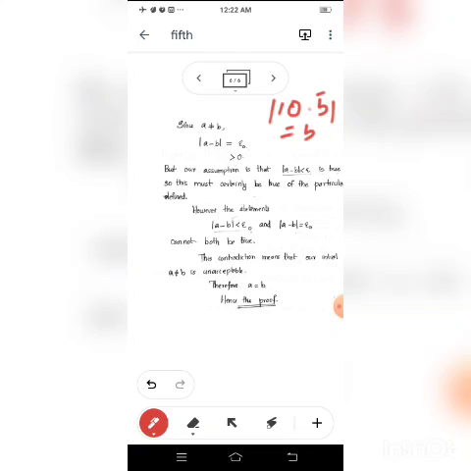Here a not equal to b means modulus of a minus b is a constant number. We take that as epsilon naught. Then epsilon naught, the distance, must be greater than 0. So we have modulus of a minus b greater than 0. But our assumption is that modulus of a minus b is less than epsilon.